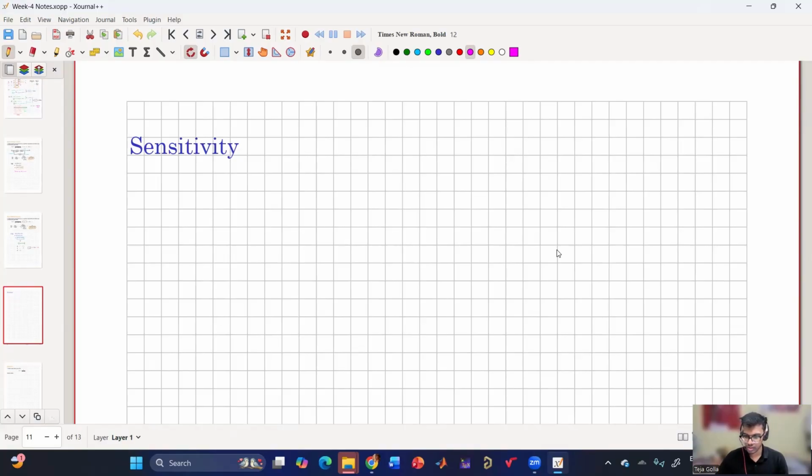Now coming to another important topic, sensitivity, and we'll solve one or two problems on this and end this session. Sensitivity is related to any parameter in the given system.